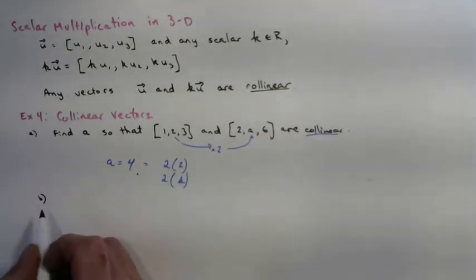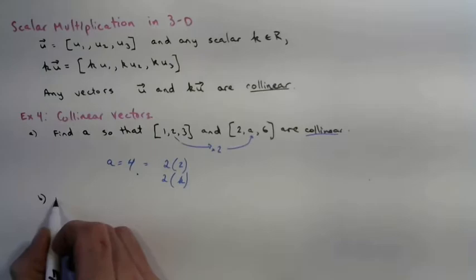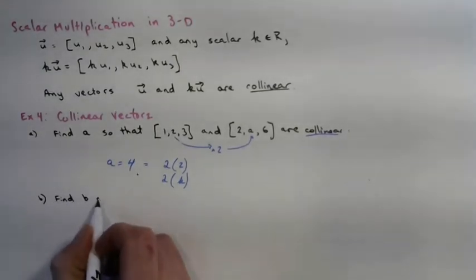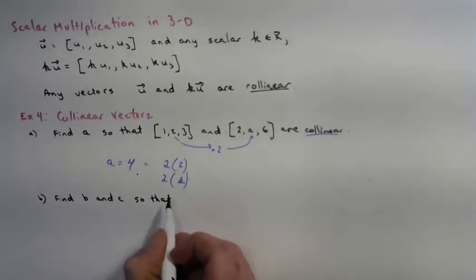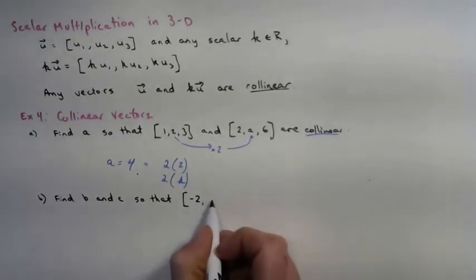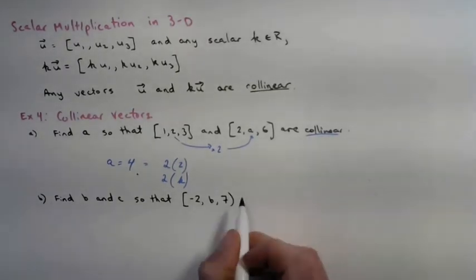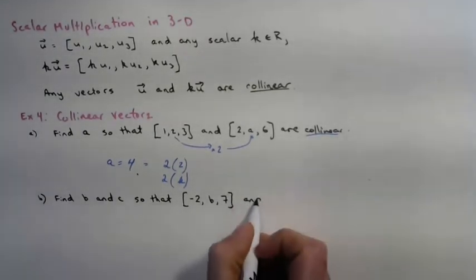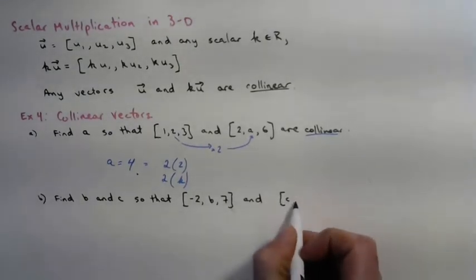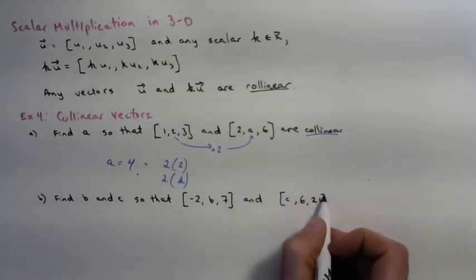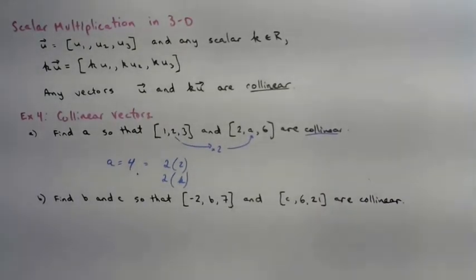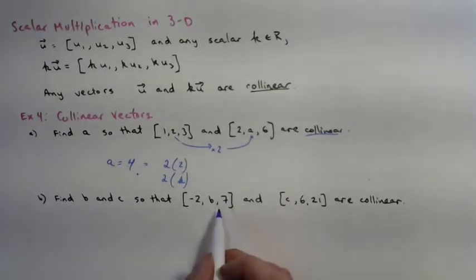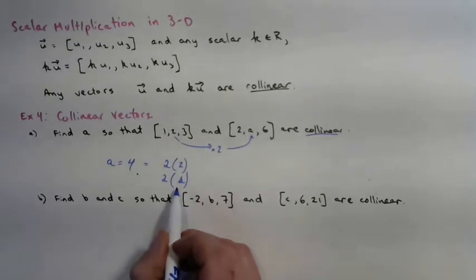Second one says find B and C such that negative 2, B, 7 and C, 6, 21 are collinear. Okay, basically I'm looking for a match in order to help myself find k, and k is a ratio.